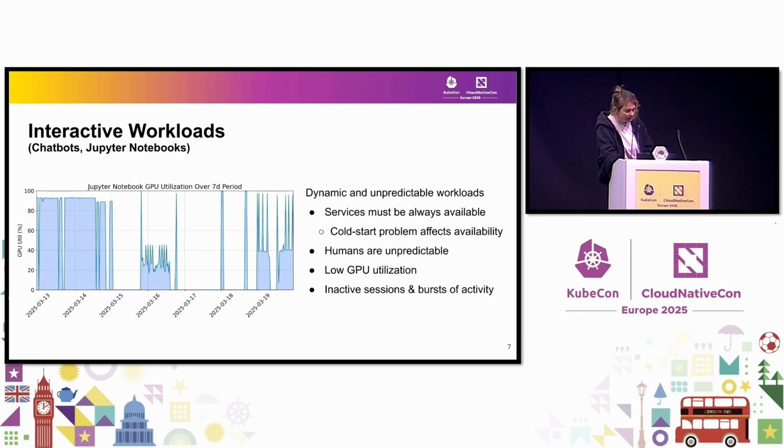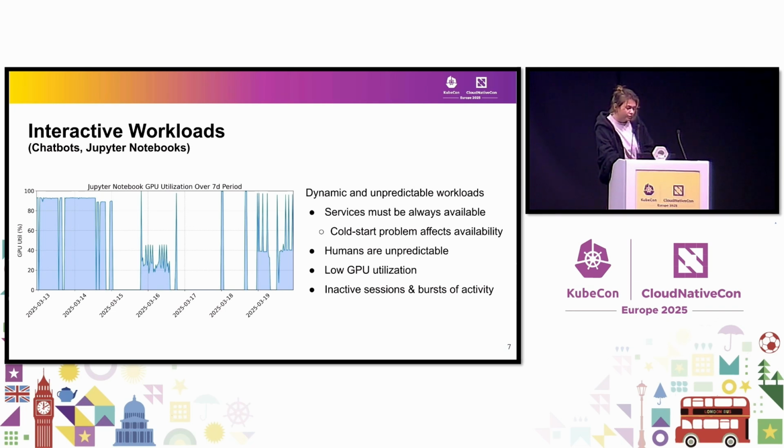The third insight is from the interactive workloads category. On this graph, we can see GPU utilization of a Jupyter notebook. We can see that it's quite unpredictable and dynamic, and there are bursts of activity followed by inactive periods, in some cases as long as 1 day.